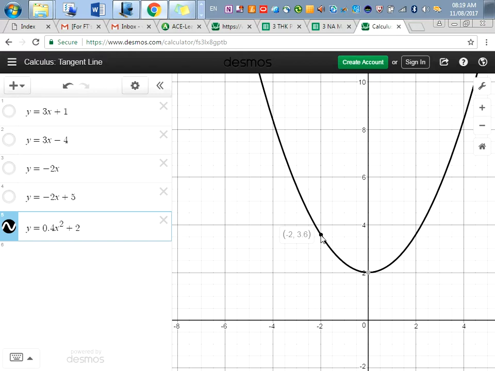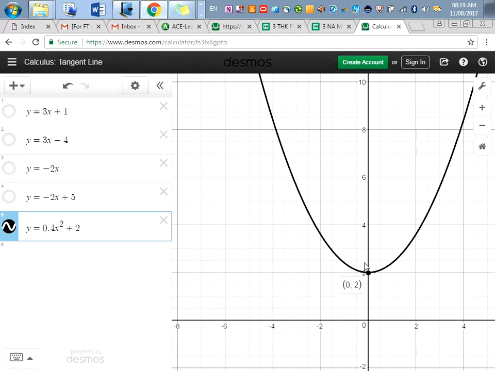So we expect the gradient to be positive or negative. Same concept as your straight line. Going down, negative. So the gradient over here is negative. Over here is still negative, it's still going down. Negative, negative, negative, negative. And now at this point, is it going down or up?